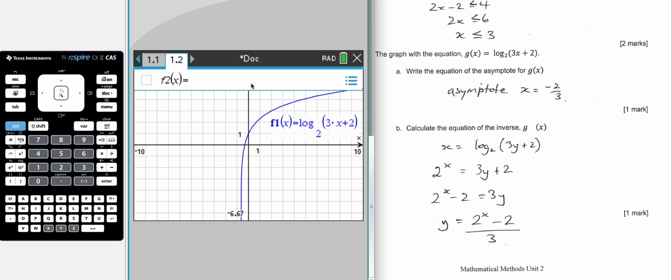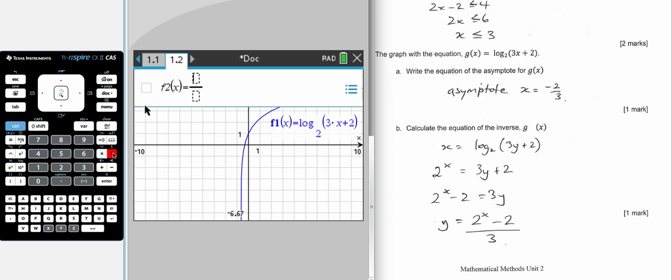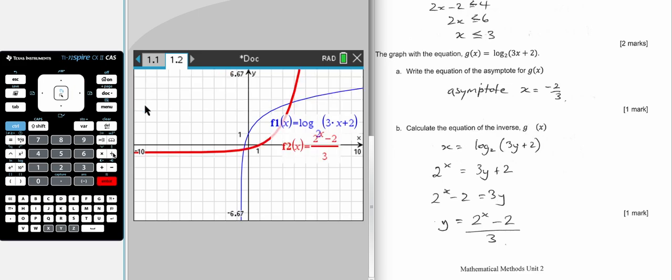So you can do 1 divided by 3 times and then in bracket all the rest, that's fine. Or you can just press control divide sign, that gives you the fraction, then 2 to the power of x minus 2 divided by 3, hit enter, and then find the intersection points.